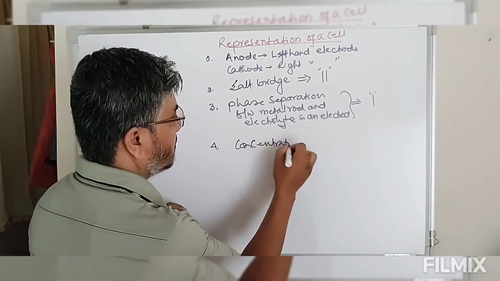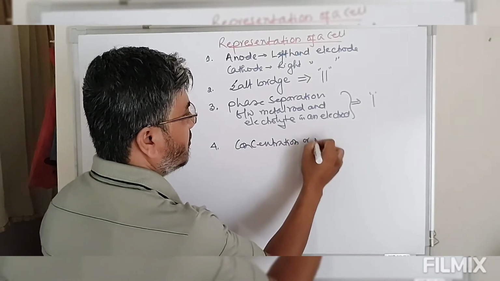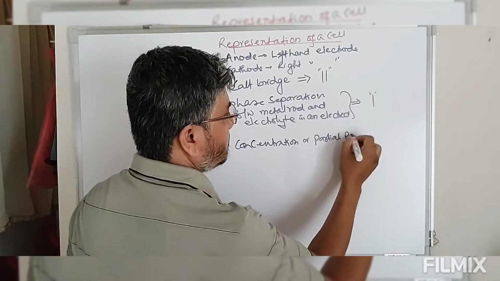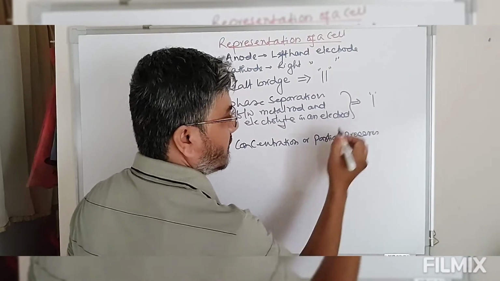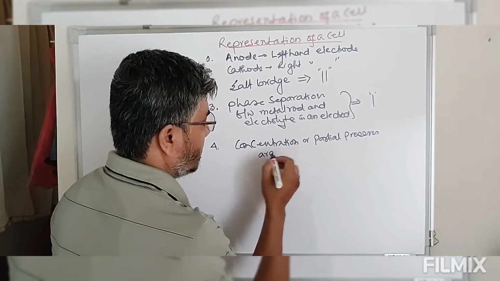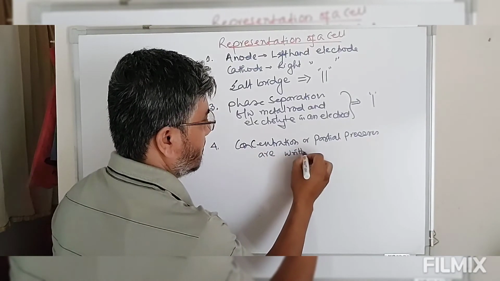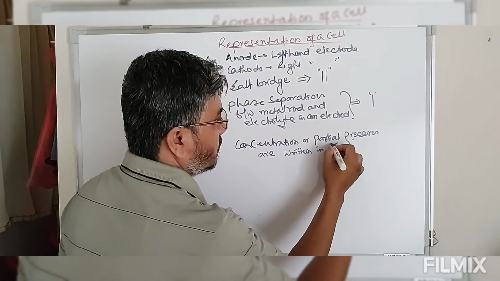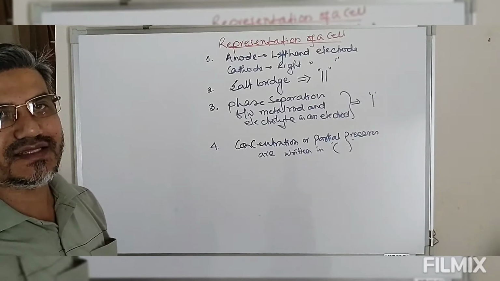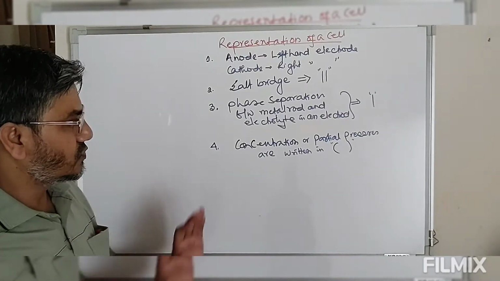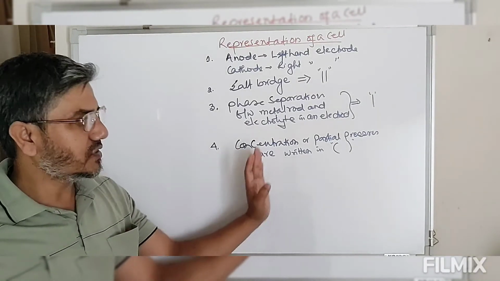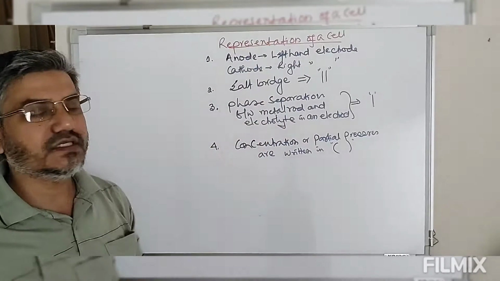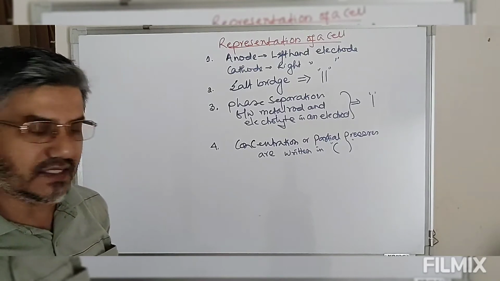Concentration or partial pressures are in first brackets or parentheses. So these concentrations or partial pressures should also be mentioned while representing the cell.